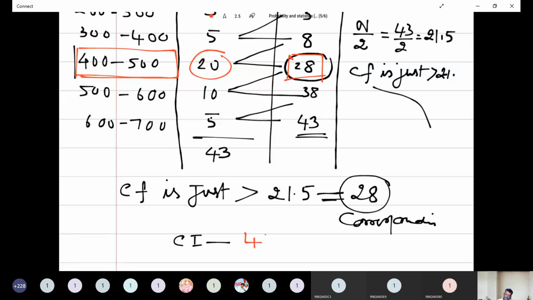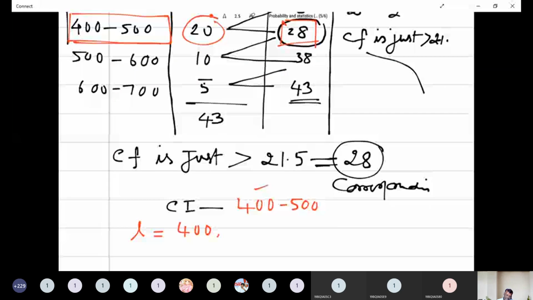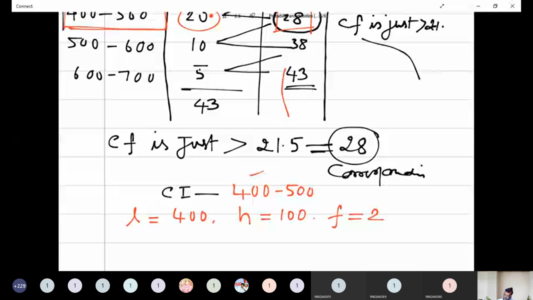Now write down the values. First, the lower limit L is equal to 400, and H, the width of the class, is 100. Then the frequency, the corresponding frequency, F is equal to 20.